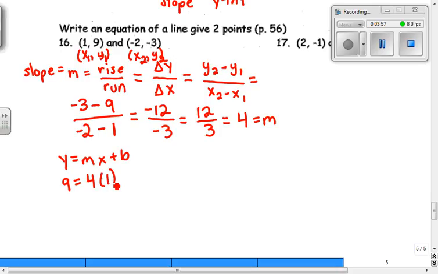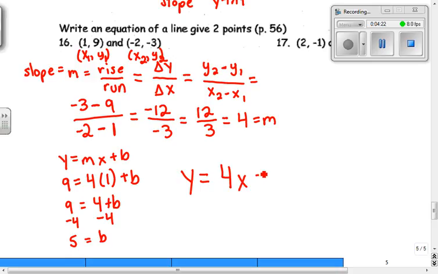X is 1 plus b. Okay, 4 times 1 is 4 plus b. That's equal to 9. We want to solve for b, so we're going to subtract 4 from each side. B equals 5. So then we just plug this in. Y equals, our slope was 4, x plus 5. So our equation is y equals 4x plus 5.